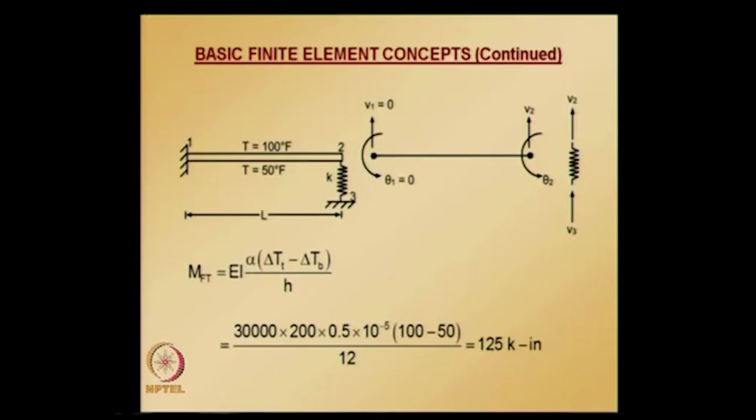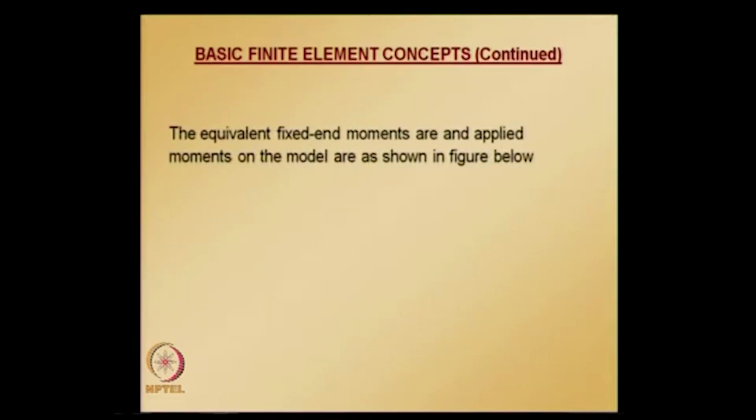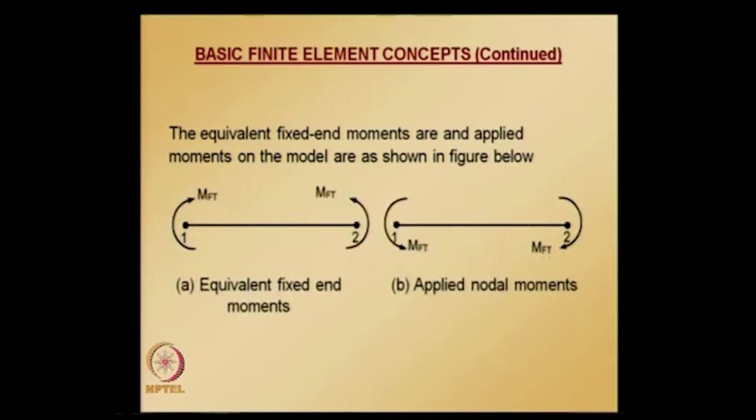So substituting all the quantities, that is Young's modulus, moment of inertia and length of the beam, all these numerical values into the stiffness matrix that you already have for the beam element, we are going to get the element equations for the beam. And here the equivalence between the fixed end moments and the equivalent nodal vector is shown.